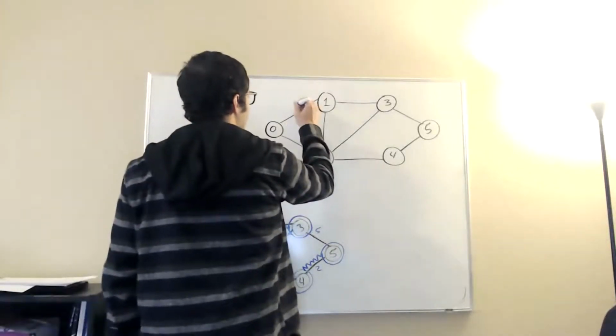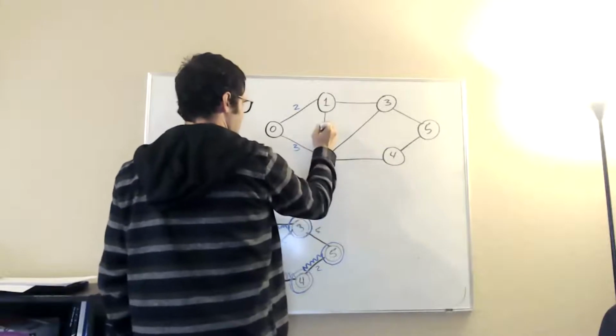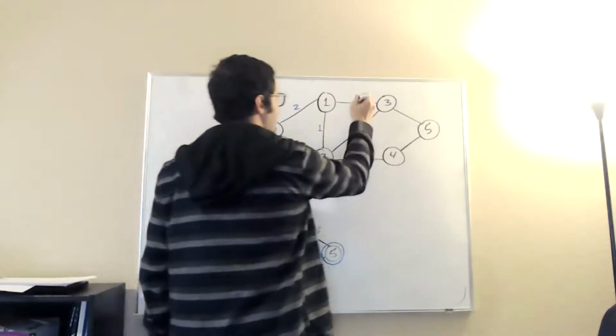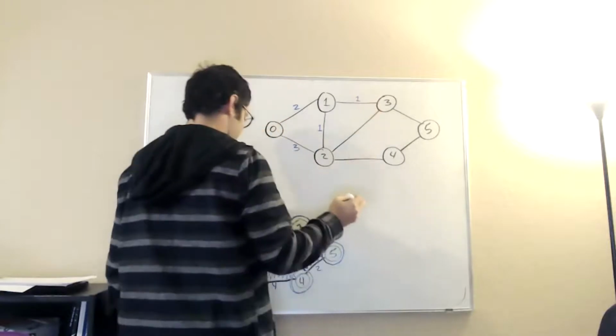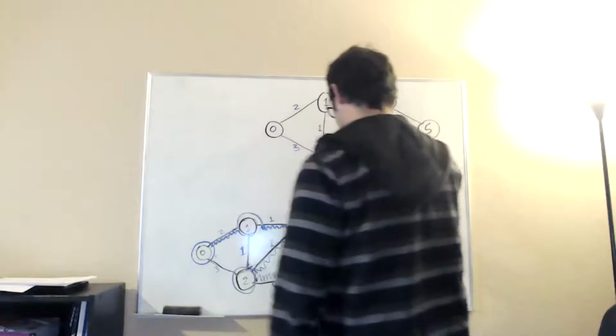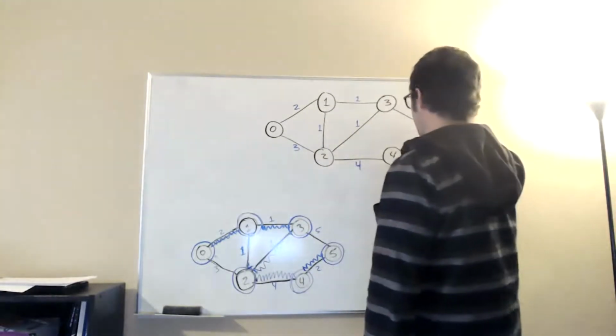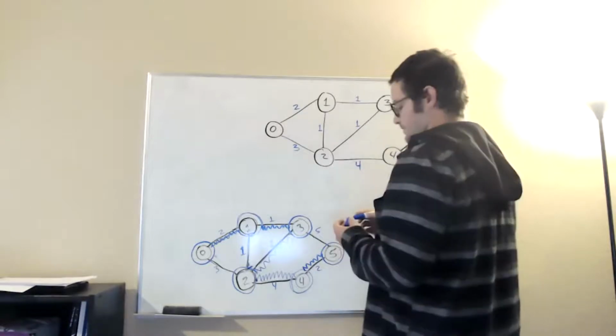So we have 2, 3, 1, 1, 1, 4, weight 2, and weight 5.